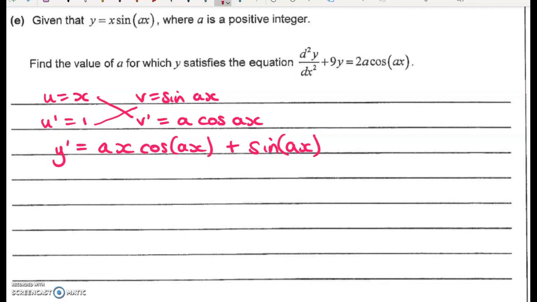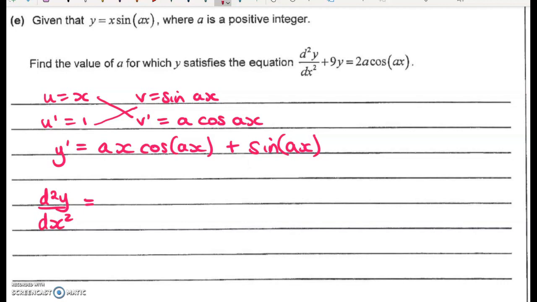Now the second derivative, so d2y dx squared, will be to differentiate y dash again. Now once again we have a product rule in this first part. I am going to do this without writing out the whole thing, but I'll talk it through.